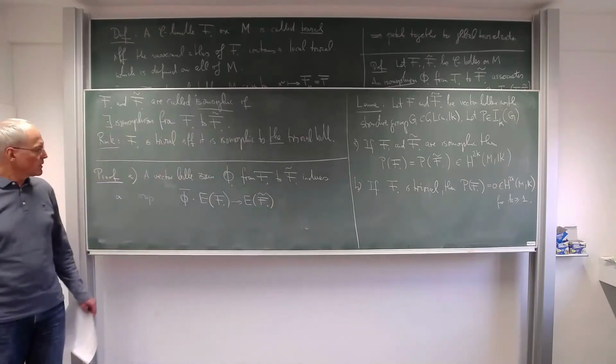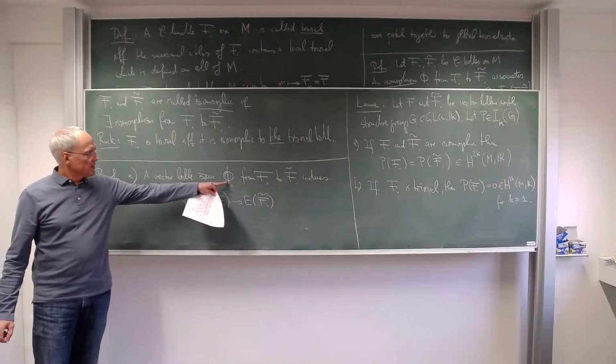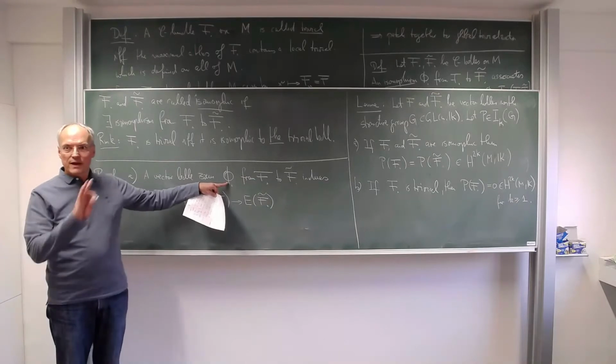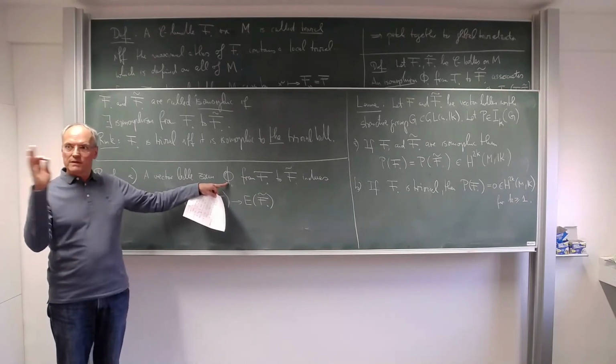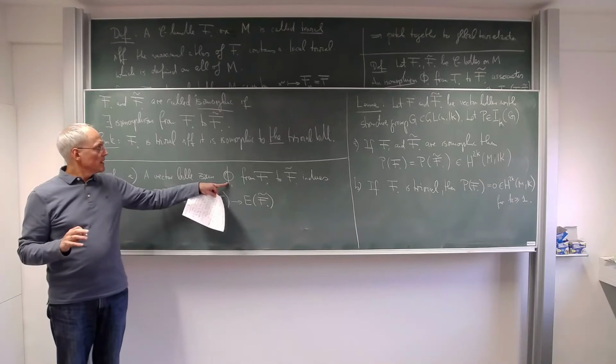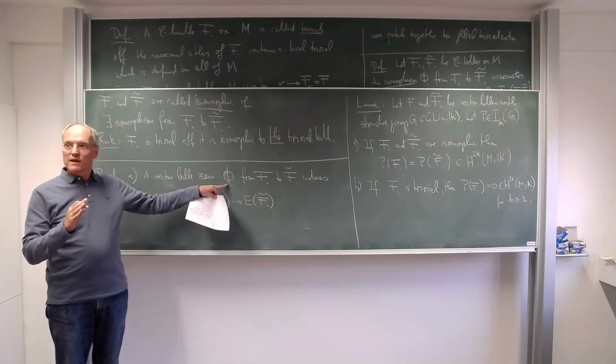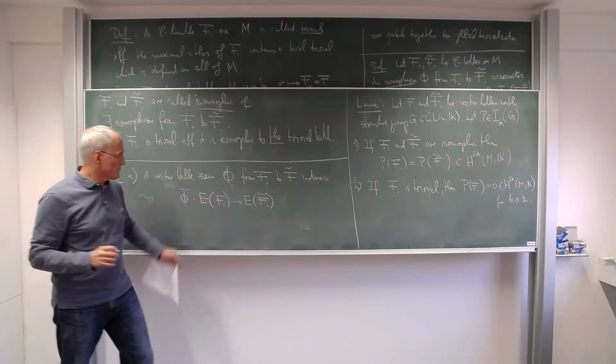And how is this defined? Well, the original bundle isomorphism is defined fiber-wise, right? It's an isomorphism between the corresponding fibers. And we can just put them together to get something on the total space.